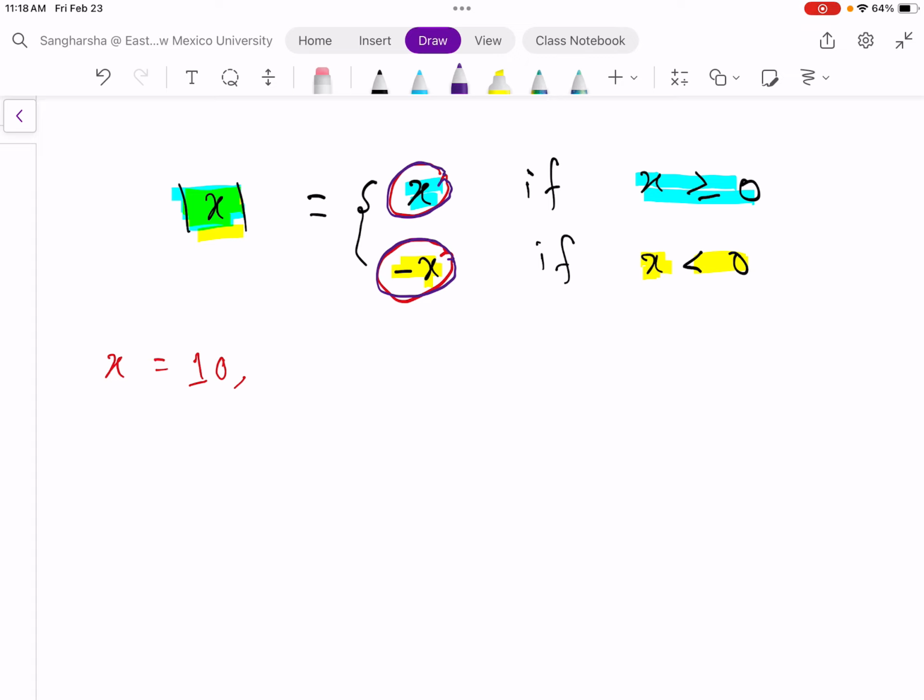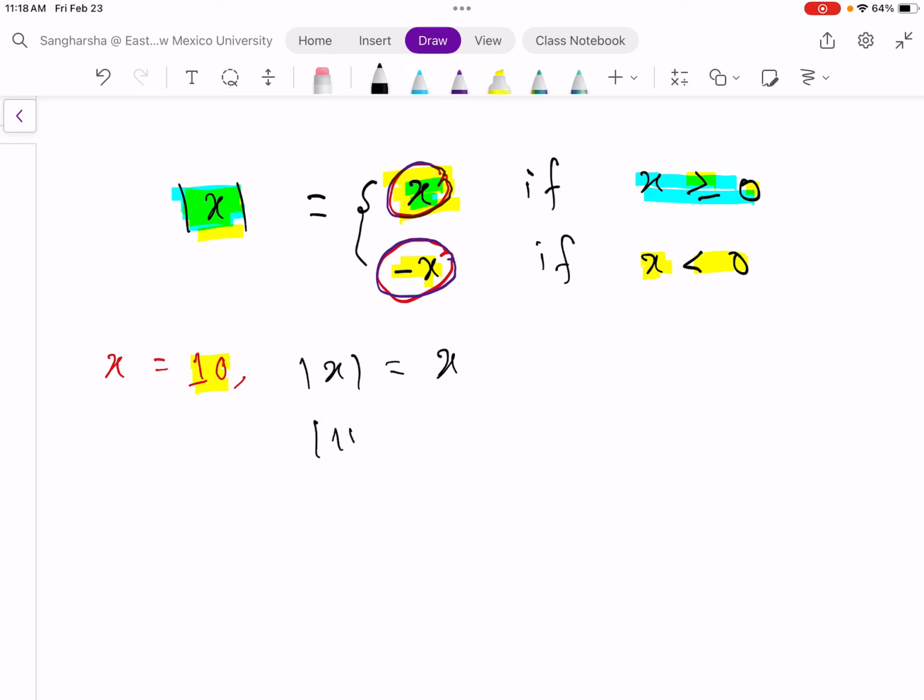The first one, right? The reason is that our input is 10 and 10 is greater than 0, so we choose this expression, which is simply x. So the absolute value of x is equal to x. Now let's find the absolute value of 10.